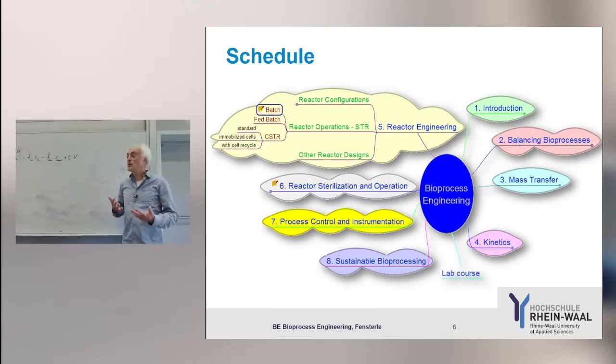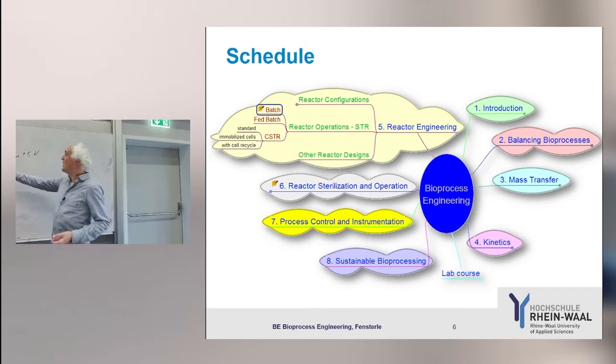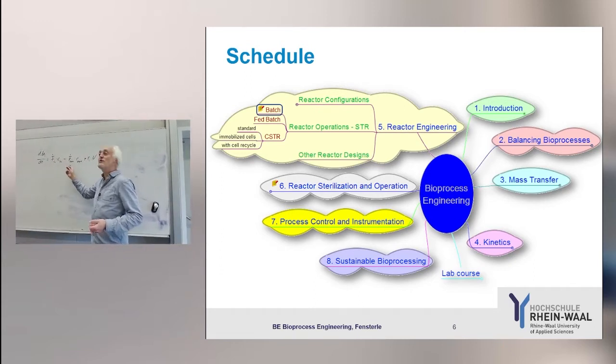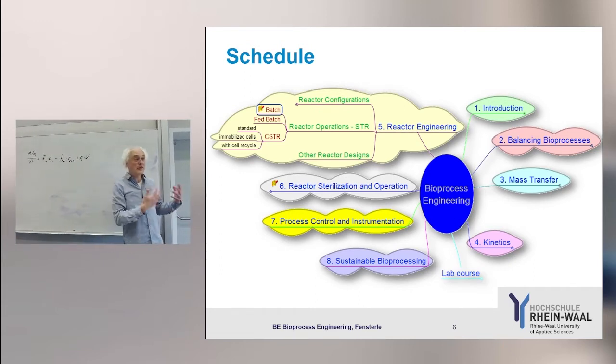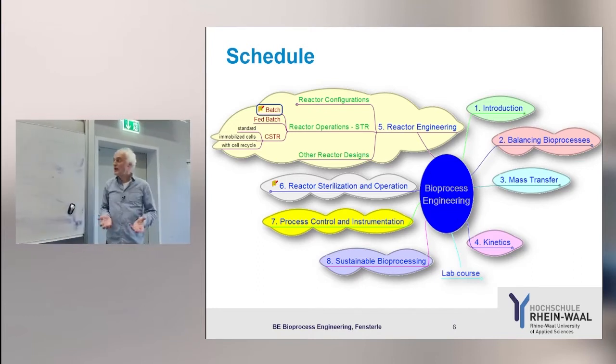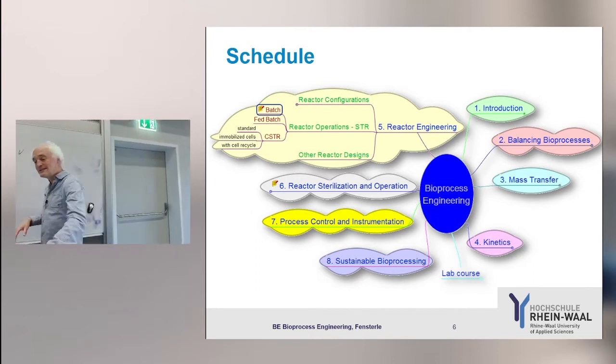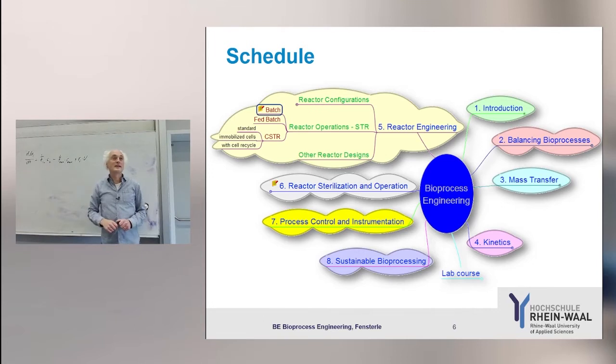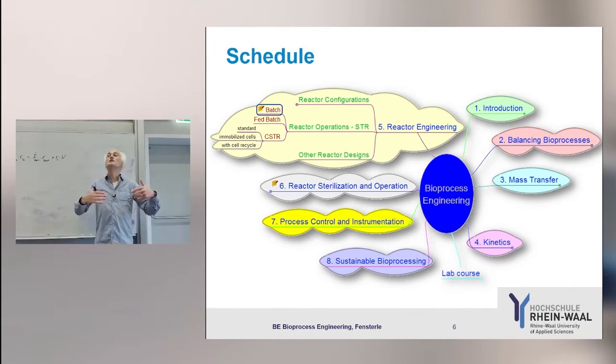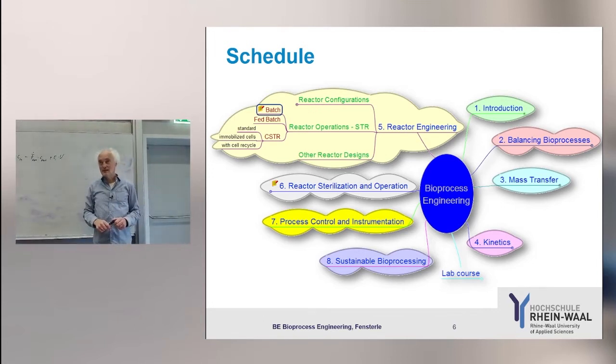And in the world of the batch bioreactor, we had F in, F out is 0. So we have nothing going in, nothing going out. And you remember what we did here, and this is what we already did in applied microbiology, and what we will do again in kinetics. I will deduce that from the law of Monod.